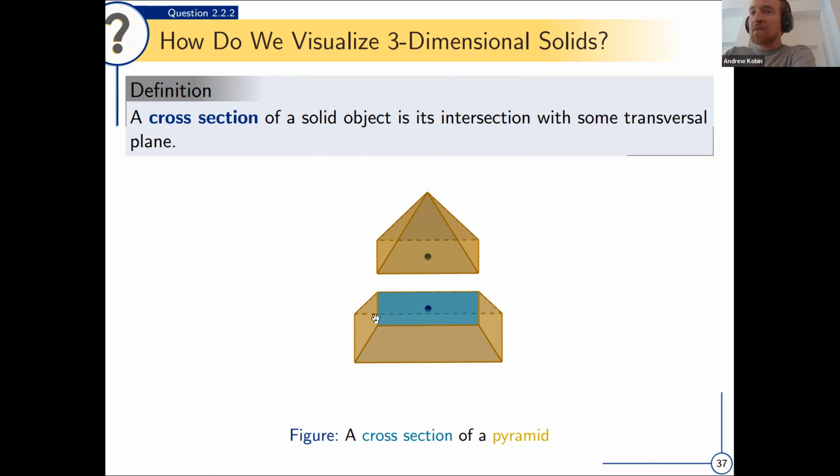And the resulting 2-dimensional shape, in this case, it looks like a square highlighted in aqua here, will be called a cross section of this 3-dimensional region. So again, a cross section is we take a 3-dimensional thing, we slice it with a 2-dimensional plane, and then we look at the intersection, that slice that pops out, and that's a 2-dimensional shape. That'll have an area.